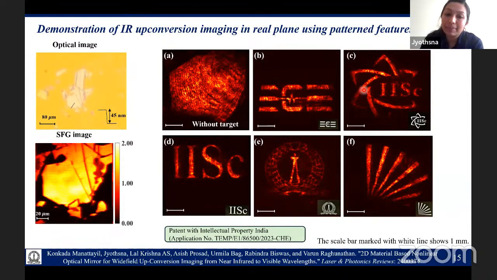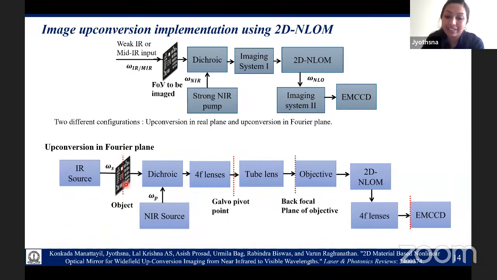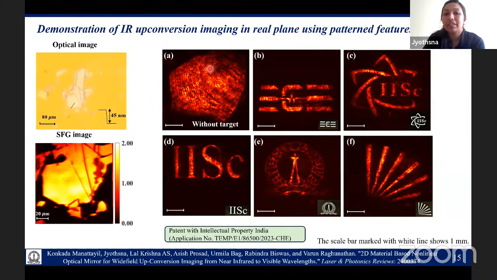And these are the fabricated targets which were placed. These are the different objects being placed in the path, which you can see being imaged onto this flake, and you can see the converted image being detected using an EMCCD camera. These are the demonstration of IR upconversion imaging, in which we made use of SFG to upconvert.